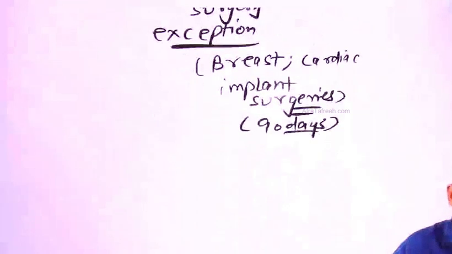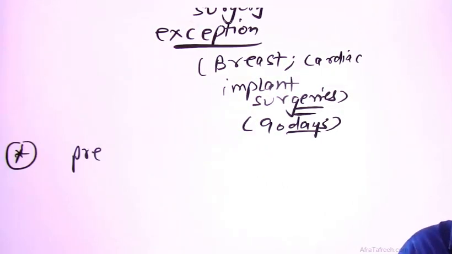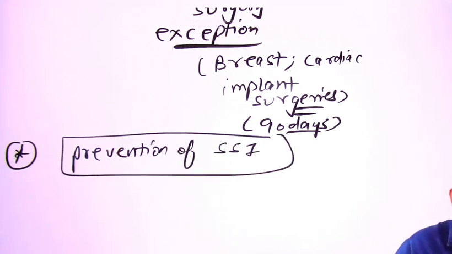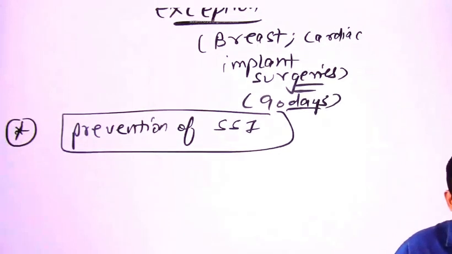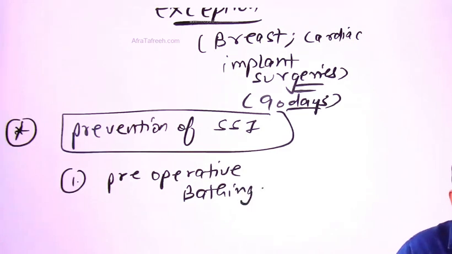Now, for the information's sake, I will tell you how to go about the prevention of surgical site infection by common sense. And what is the common sense? The first is that you go for pre-operative bathing. That will help in prevention of SSIs.